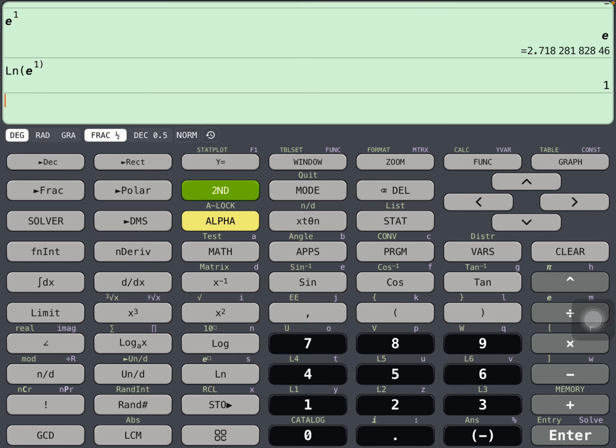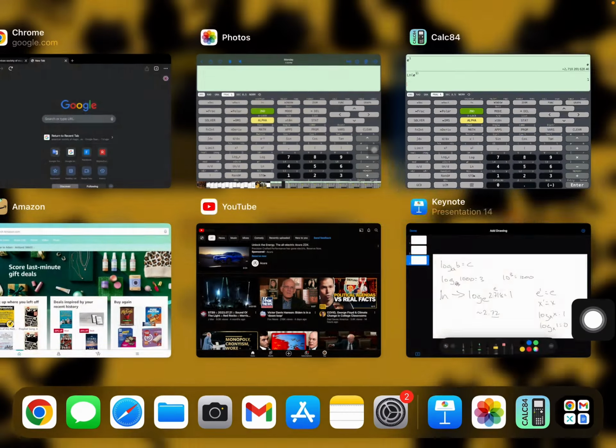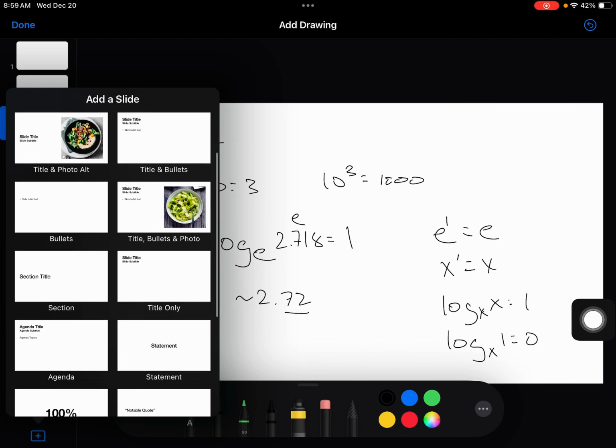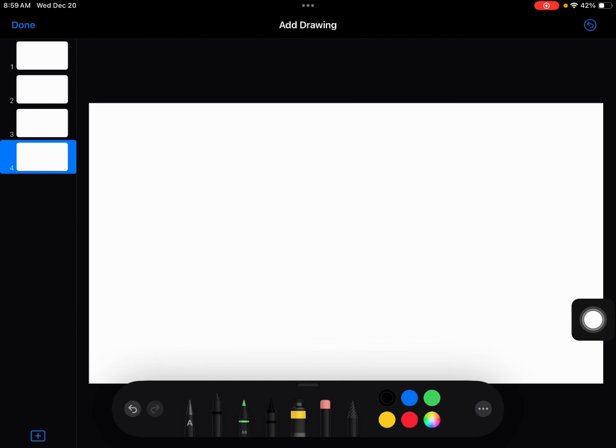Why is that? Because what we're actually saying then is log base e, this is ln, also known as ln, so ln e to the first is equal to 1 is what we found out. Log base e of e, well, that's equal to 1, right?